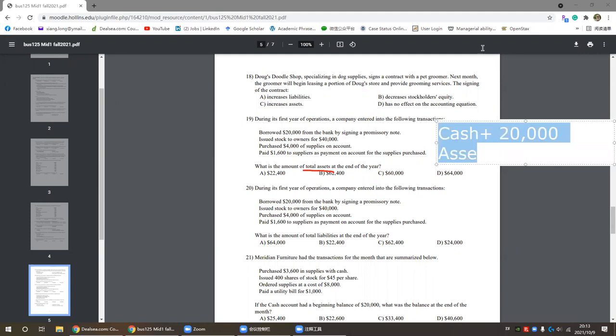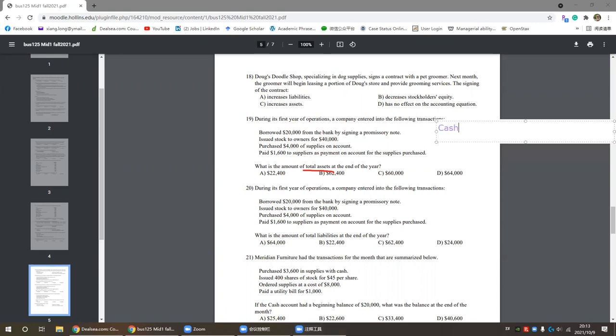One second, let me try to change these things to a smaller size. So our cash is increasing by 20,000, and because our cash increases, our asset will be increased by 20,000 because cash belongs to asset.